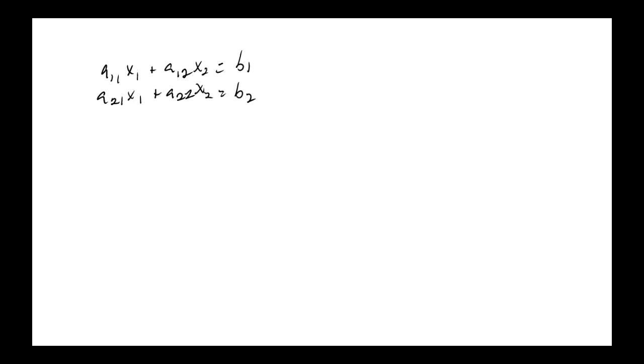We could multiply the top equation by negative A21, the bottom equation by A11, and add those together. That would eliminate x1 and solve for x2.